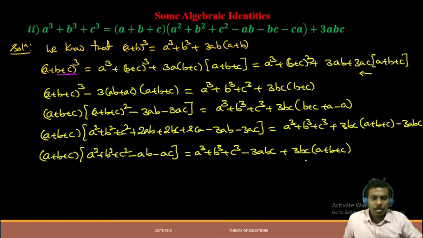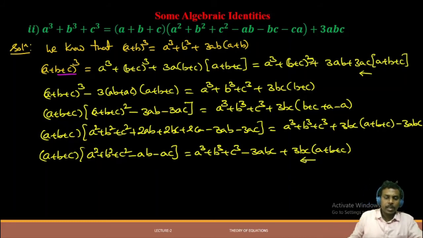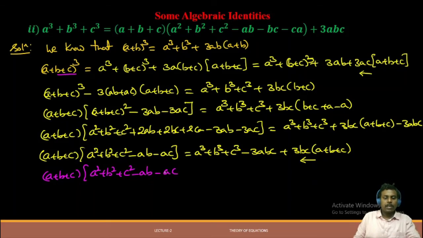Now you send this term that side, and what do I get? In all these terms, I take common a plus b plus c, then this becomes a square plus b square plus c square minus ab minus ac.